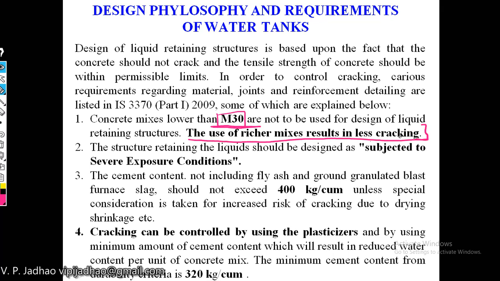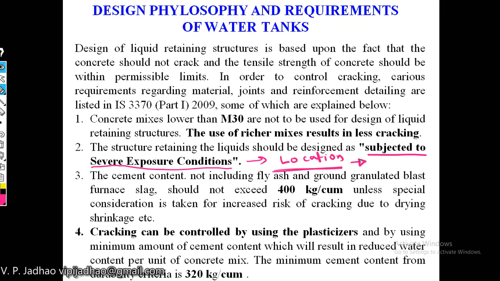Providing rich mixes, that is higher grade of concrete, M30 and above, will reduce the cracking in the concrete. Water retaining structures are subjected to severe exposure condition, whatever is the location of your project or water tank.